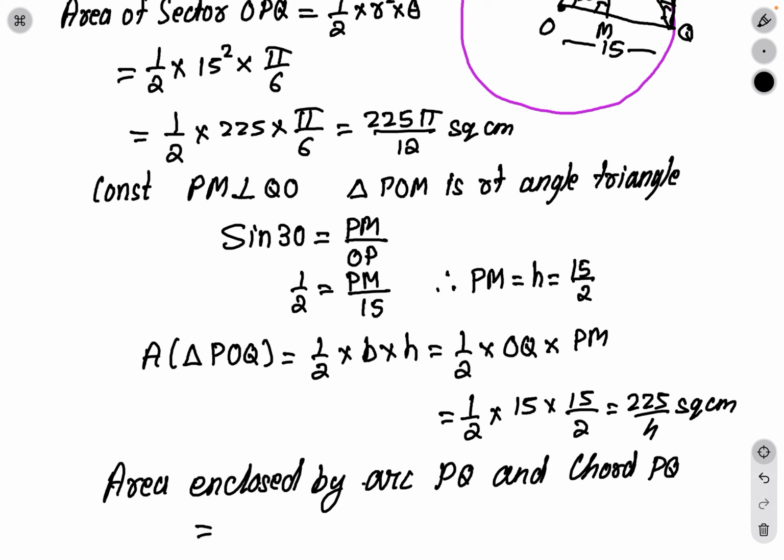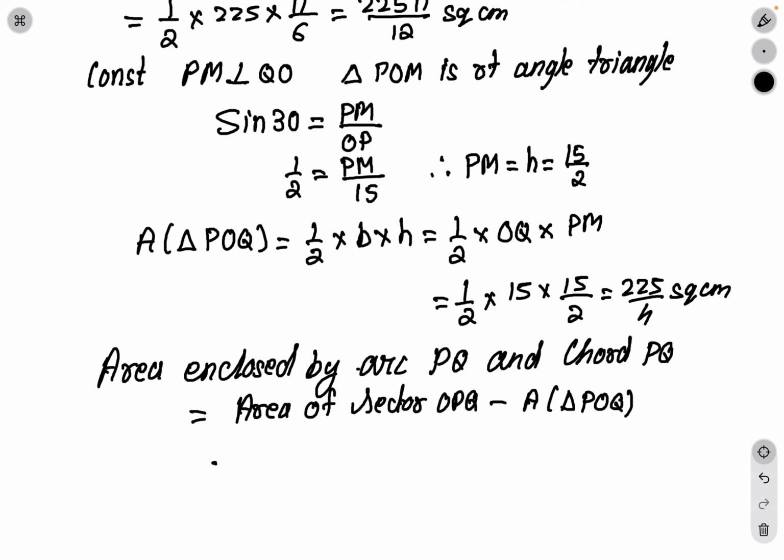That is area of sector OPQ minus area of triangle POQ. So this is 225 upon 12 minus 225 upon 4.